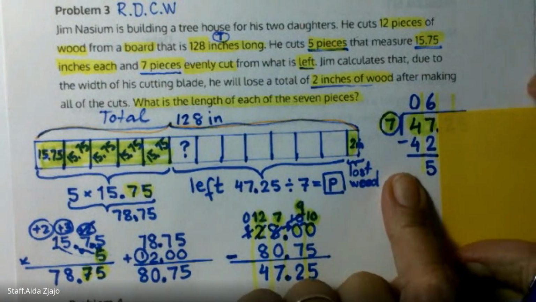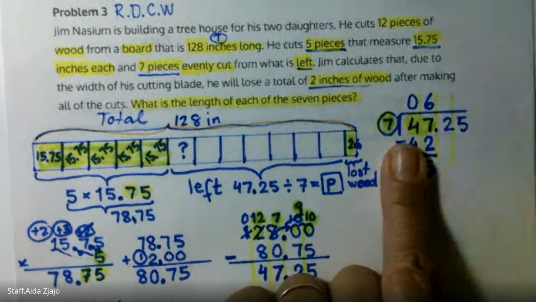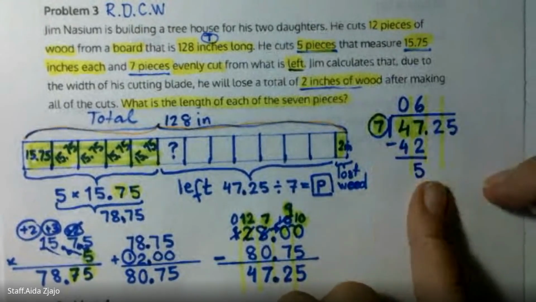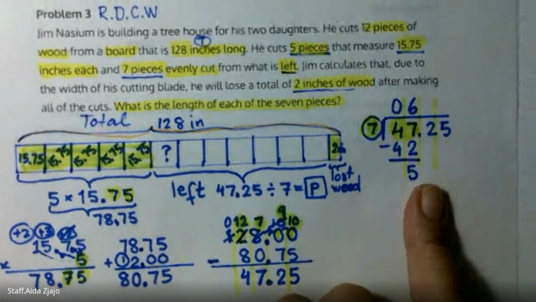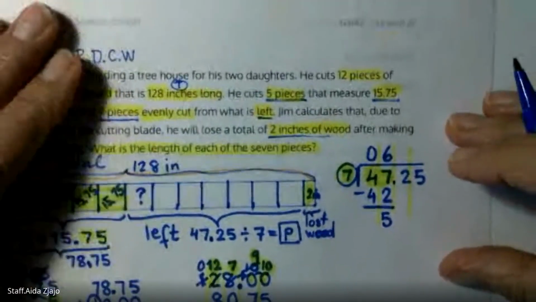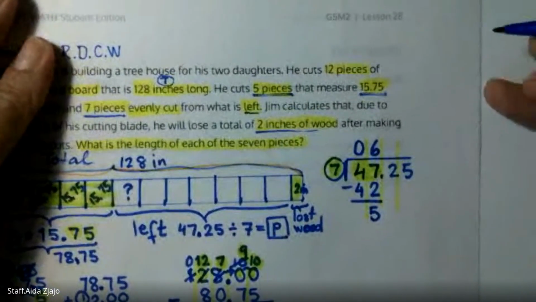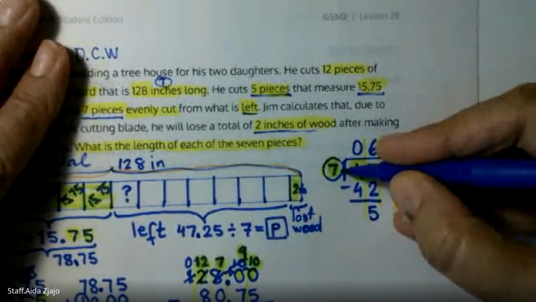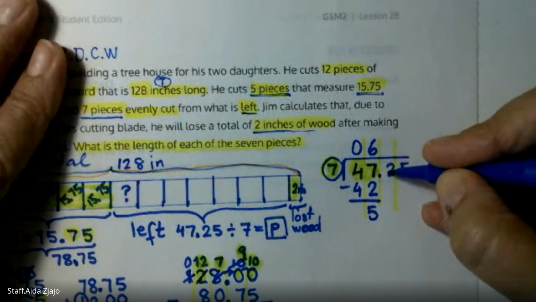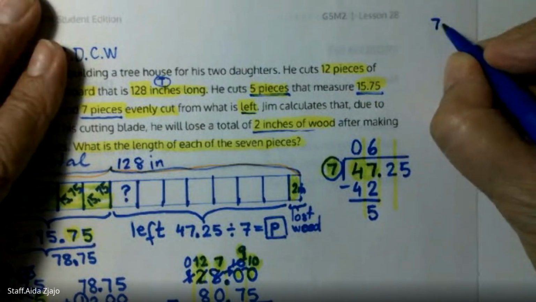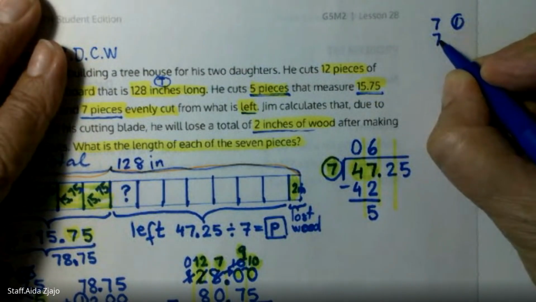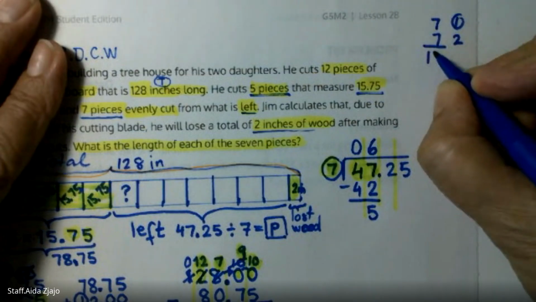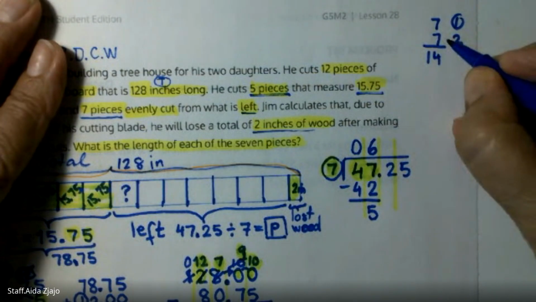Okay, if you don't know this, it's easier if you use your idea of how many groups of 7 are in 47. So you can say one group is 7, and one more group is 2. That makes 14. It's kind of multiplication facts.